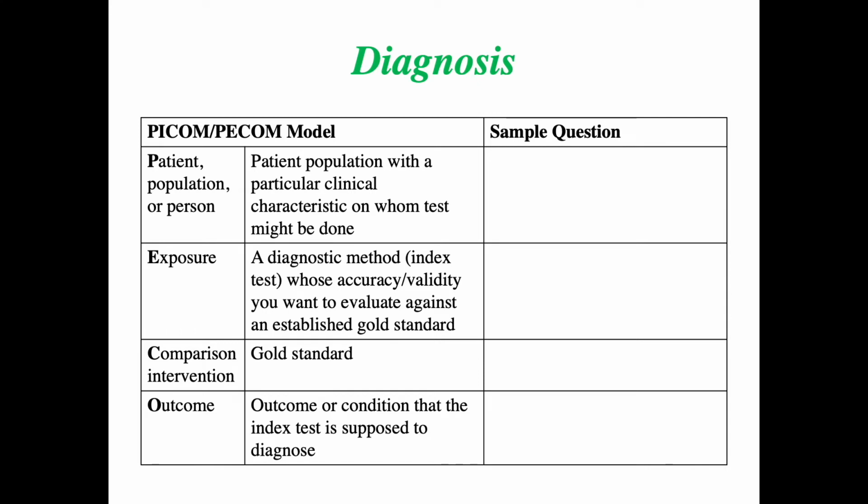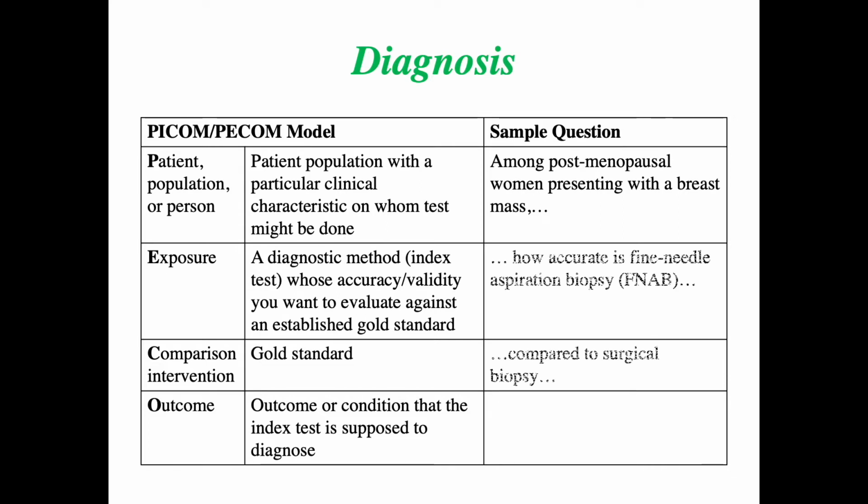Okay, so let's look at one particular example here. The P part of the PECOM model here will be among postmenopausal women presenting with a breast mass. How accurate is fine needle aspiration biopsy, or FNAB, compared to surgical biopsy? With the latter, a surgeon makes an incision in the skin to access the suspicious area of cells, and obviously this is more invasive compared to fine needle biopsy.